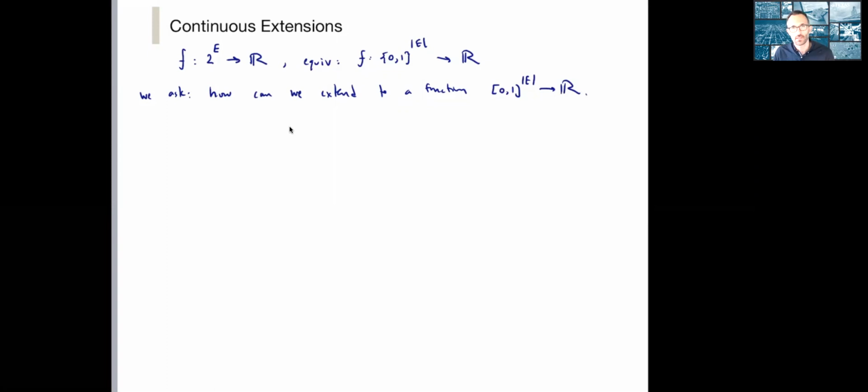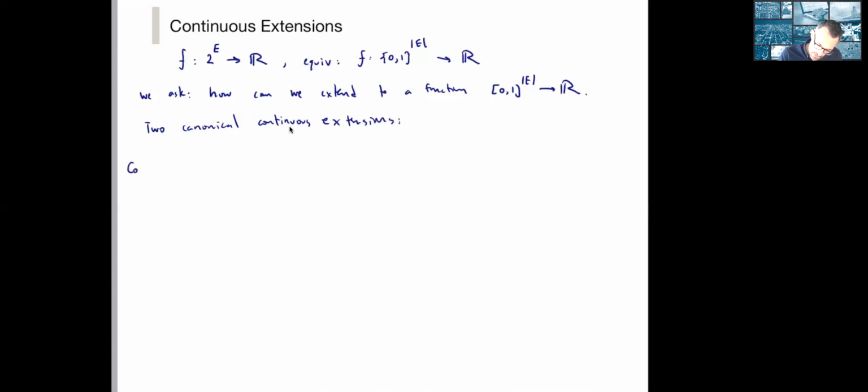And they're canonical in the sense that it's natural to seek such continuous extensions if the name of the game is trying to find algorithms for minimizing and maximizing. So in this sense, they're canonical. So two canonical continuous extensions are defined as follows.